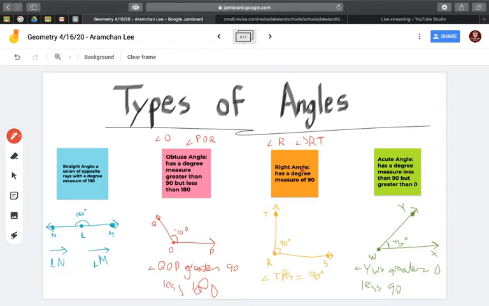And this acute angle over here can be written as angle W, or also angle XWY.